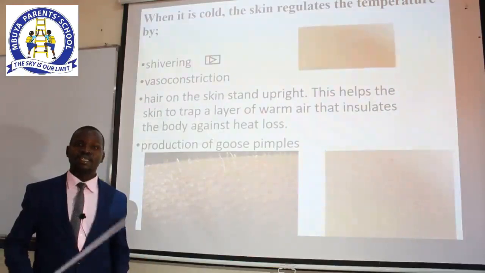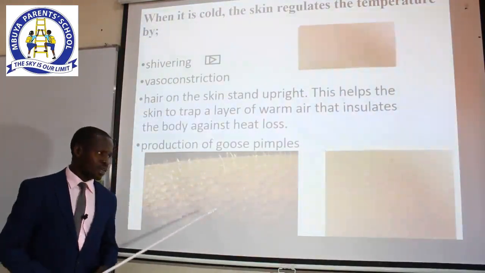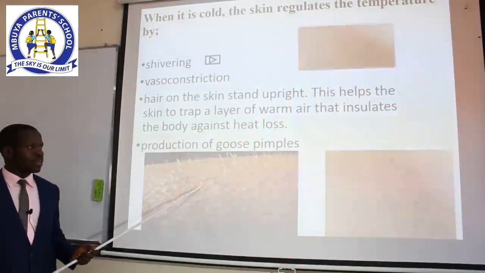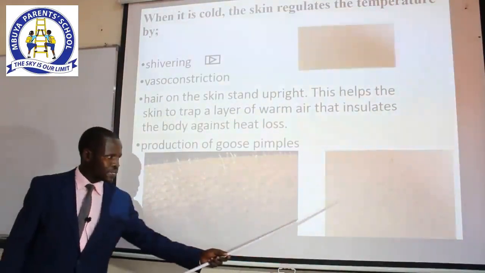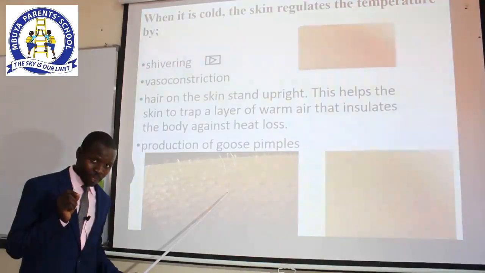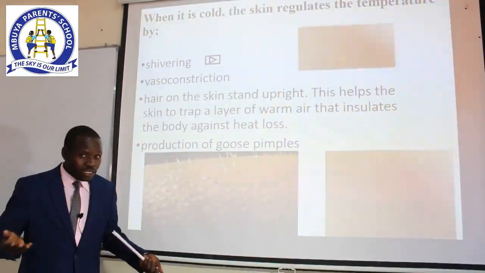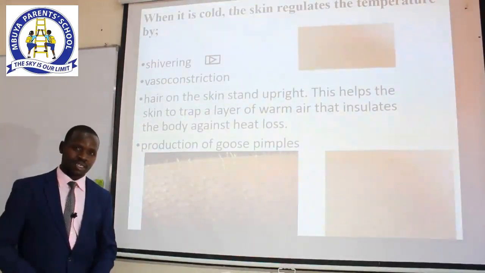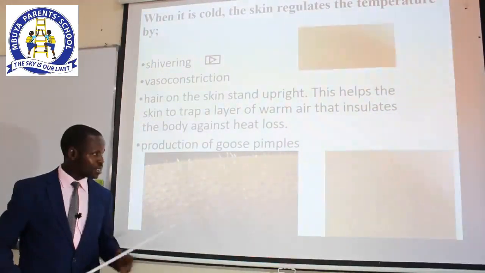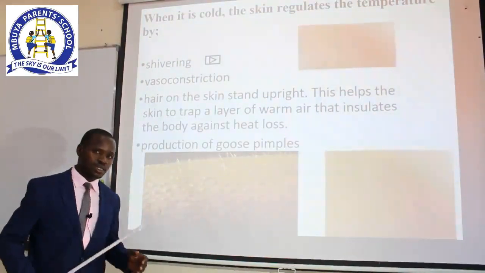And lastly, the development of what we call goose pimples. As you can see right here, we have this very well illustrated. Dear candidates, have you ever experienced this? Good. When was that? Was it hot or cold? If it was during cold weather, that's perfect. That is what happens exactly when it is cold.